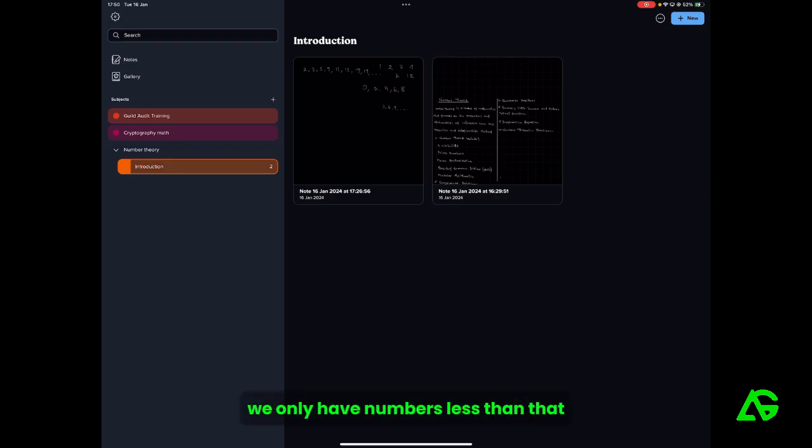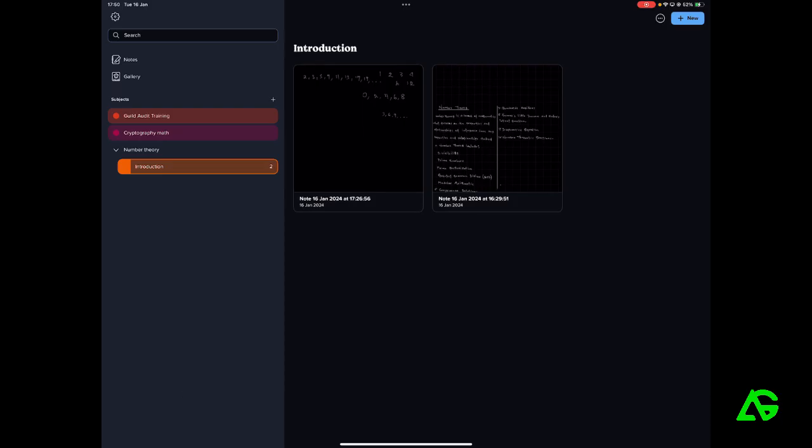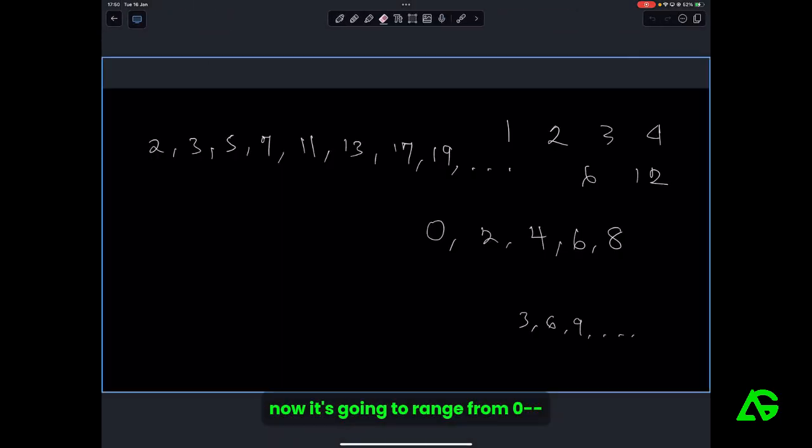For instance, if we say a number in base 2, we should know that we only have digits less than the base number in that system. So the range of numbers in that system is going to range from 0 down to the base number minus 1.